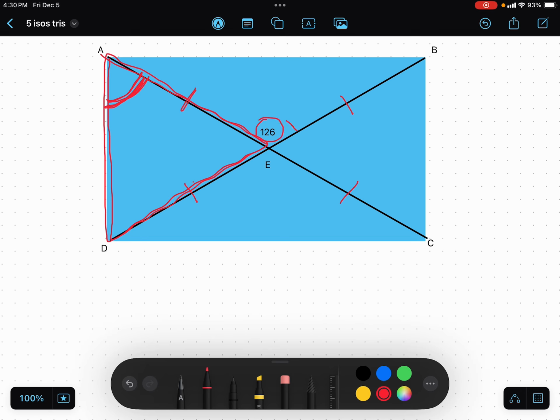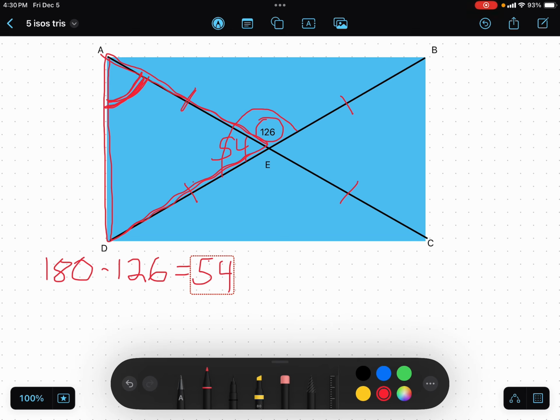And we remember that these angles here are what we called a linear pair, and they have to be supplementary. So supplementary means they add up to 180. So I'm going to do 180 minus that 126, and I'm going to get 54 for this angle right here.